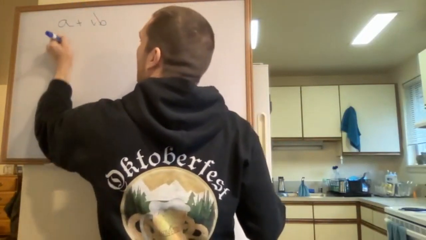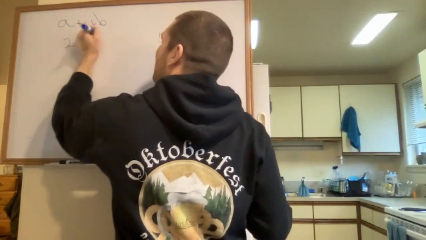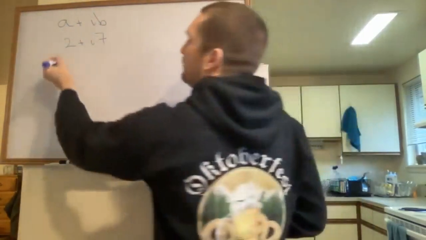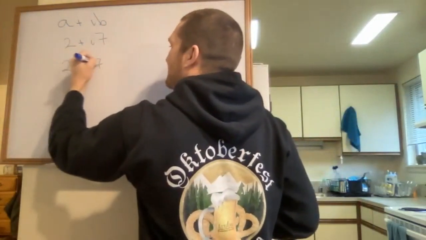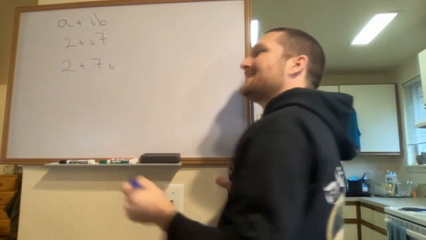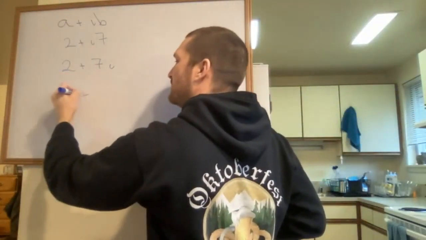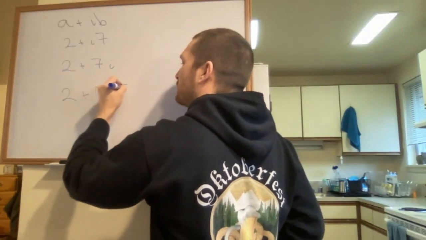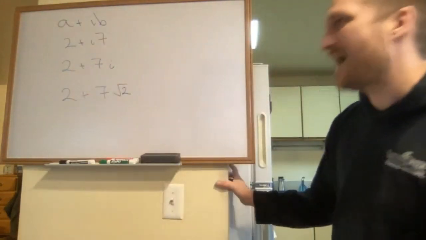So something like 2 plus 7 times i is a complex number. You can see this is very similar to something like 2 plus 7 times, I don't know, the square root of 2.